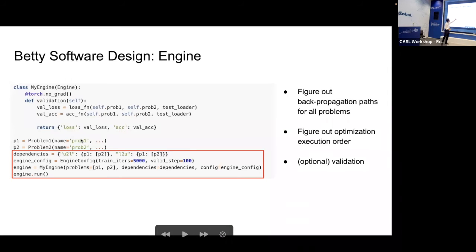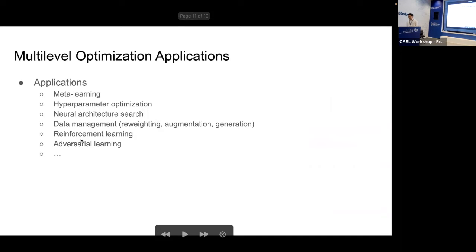We define these interactions using Python dictionaries, upper to lower and lower to upper. We just pass these interaction dependencies into the engine class, and then finally the user just runs the engine, and everything will be automatically taken care of by the API. So that's the system for multilevel optimization we developed, called Betty.